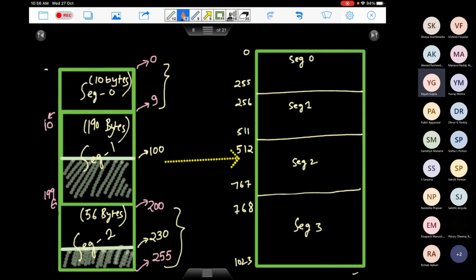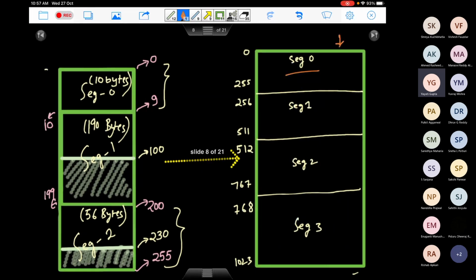So we will translate this entire virtual address space and get a virtual address space which looks something like this. Now we have 4 segments here, because we are using 2 bits for segment number. And then for each segment, we have 256 bytes. So for segment 0, 0 to 255, segment 1, 256 to 511, and so on and so forth.